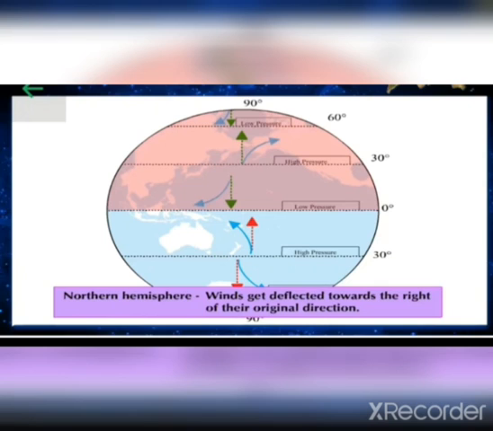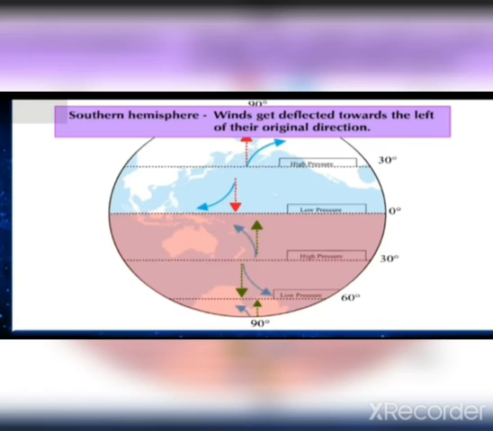In the northern hemisphere, winds get deflected. Deflected means changed towards the right of their original direction. In the southern hemisphere, they get deflected, that is, changed towards the left of their original direction.